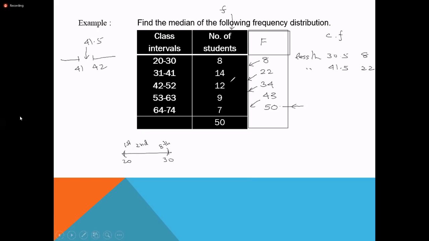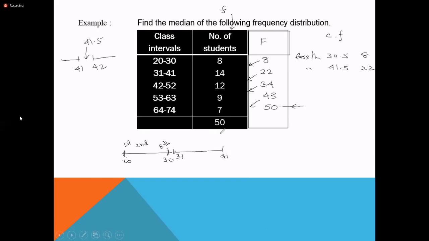Then up to 22 students, then ඊළඟට ඉන්නේ මේ 31 from 31 to 41 here. In this group there are how many students?